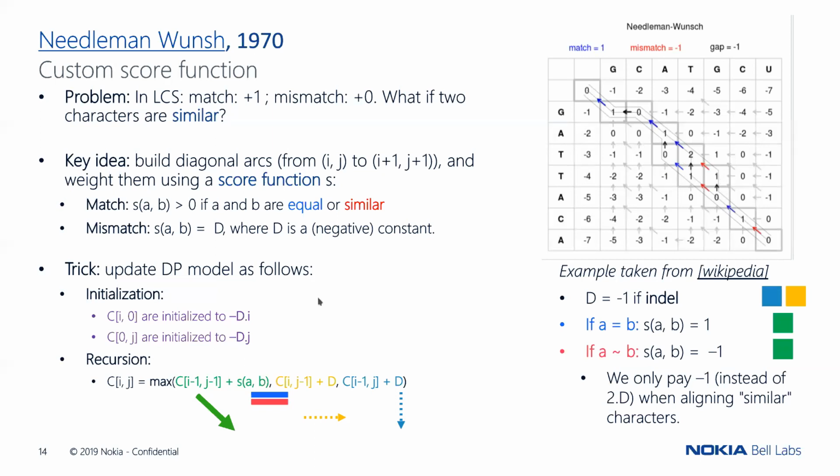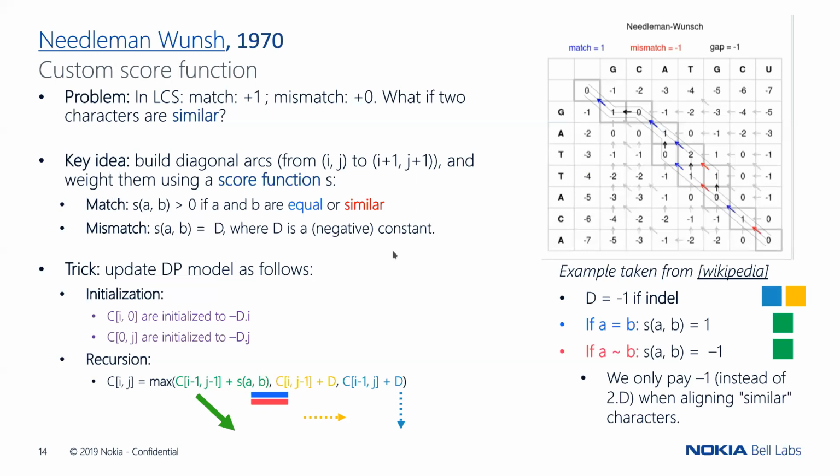So now how do you proceed? You first define a similarity matrix, which returns a cost for a pair of characters. If it's a match, you return S of A, B. If this is a mismatch, you return the particular constant d, which is usually negative.